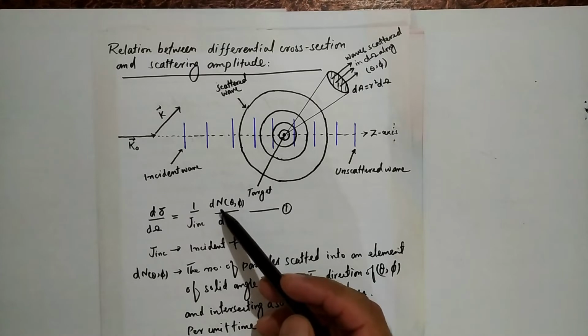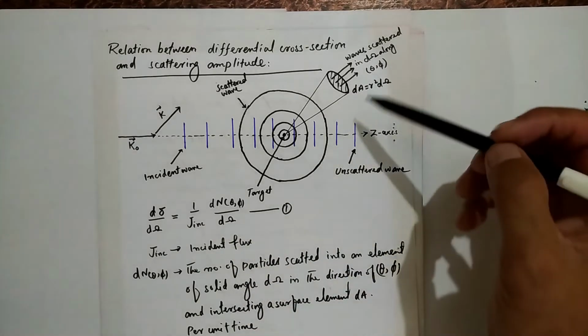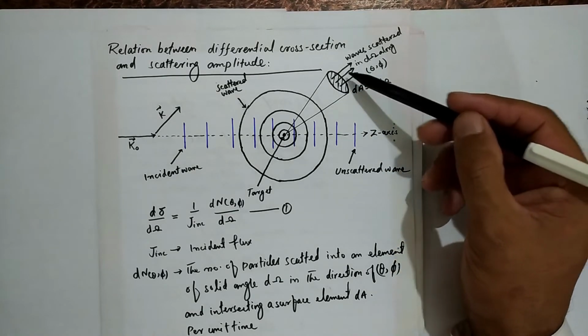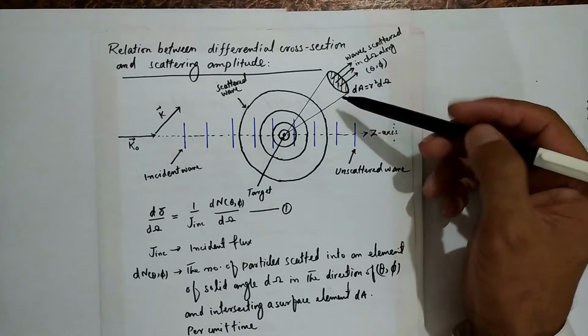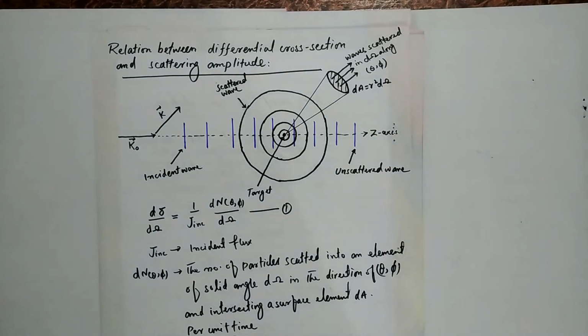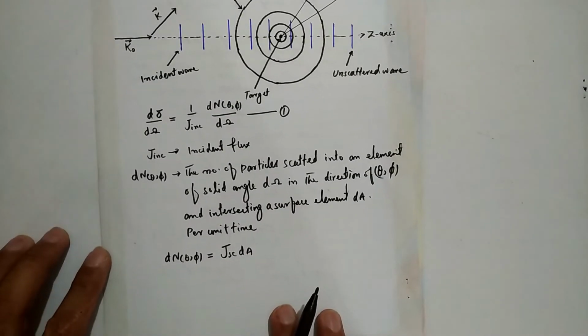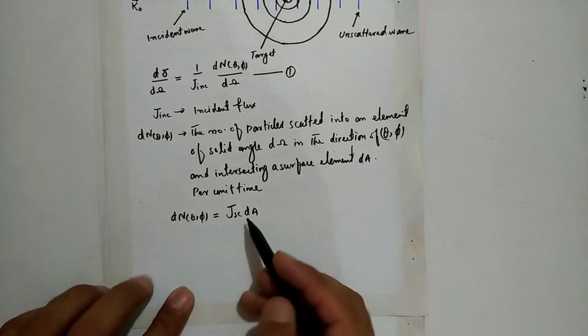This dn in the expression represents the number of particles scattered into an element of solid angle in the direction of theta and phi, which is intersecting this surface per unit time. And this dn theta phi is given as the scattered flux density times the area element. Clear?